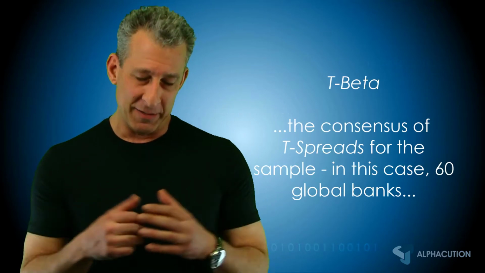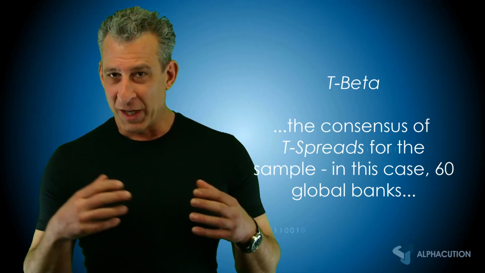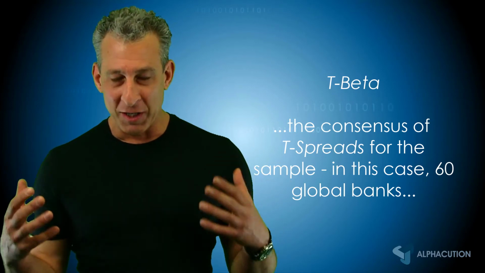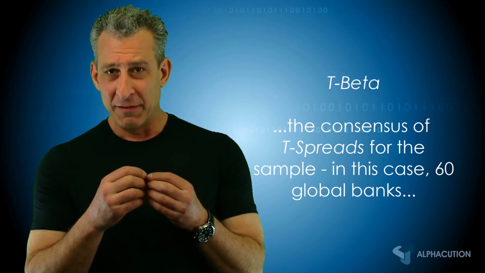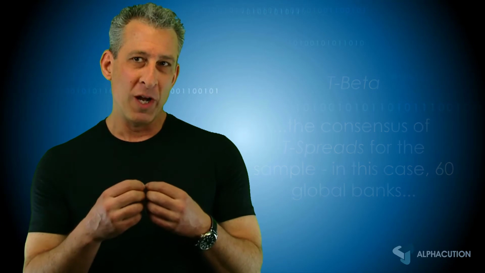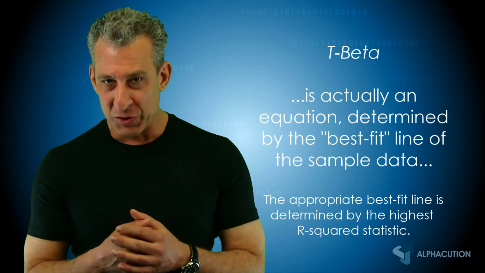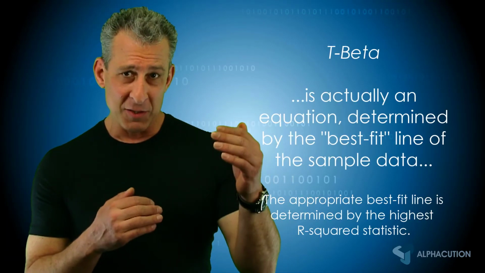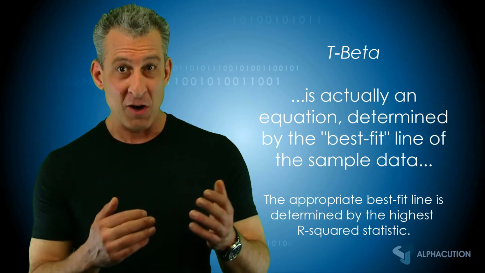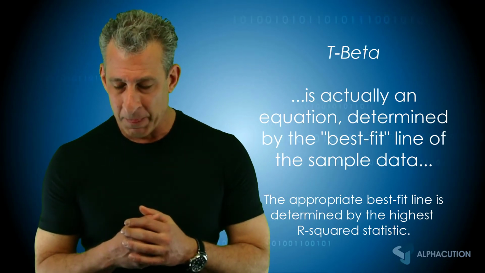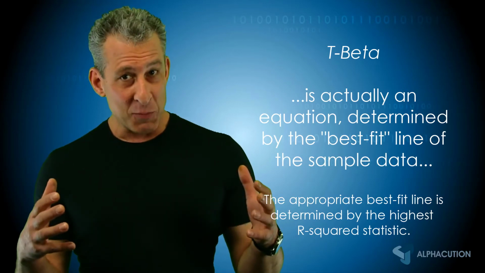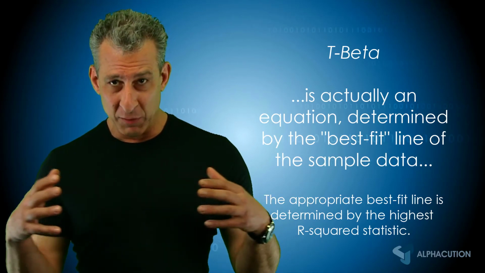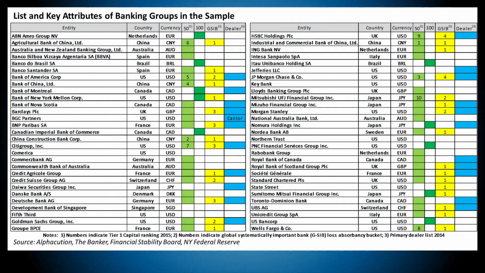The next analytic in the framework is called T-beta. And for those of you that know market jargon well, this is really the community, what the consensus of the community produces in terms of this spread between performance and the technology cost of that performance. So we collect the T-spreads, in this case for a community, a sample of 60 of the largest banks in the world, 16 countries, 11 currencies.